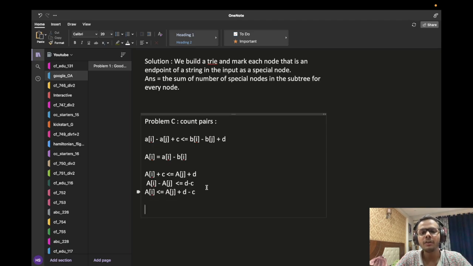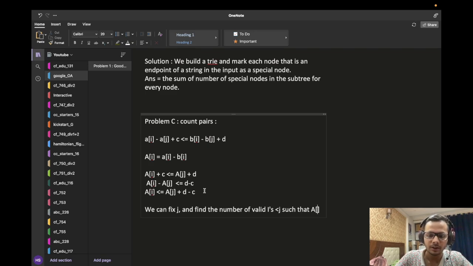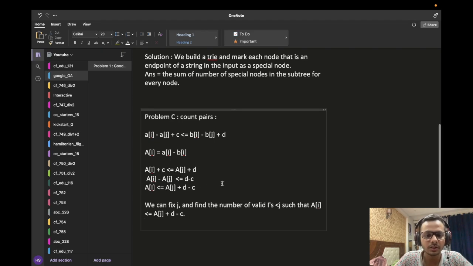Okay, so how we can do this is we can fix j and find the number of valid i's less than j such that capital A of i is less than or equal to capital A of j plus d minus c, right? So yeah, this is the solution.